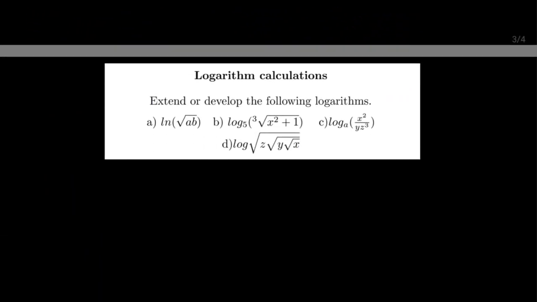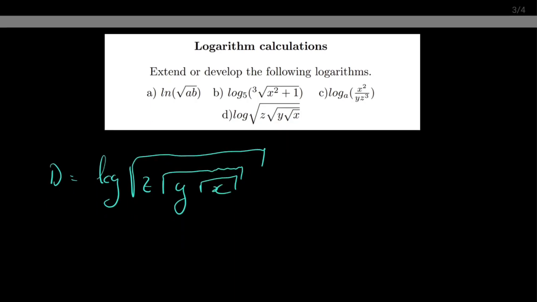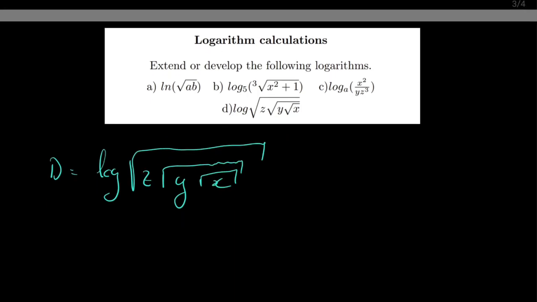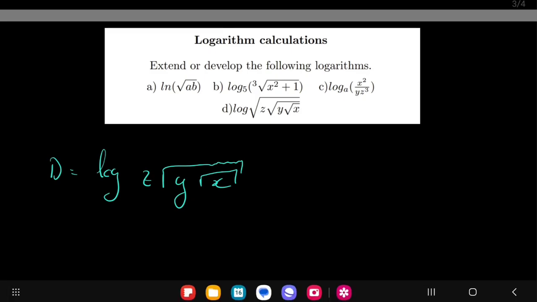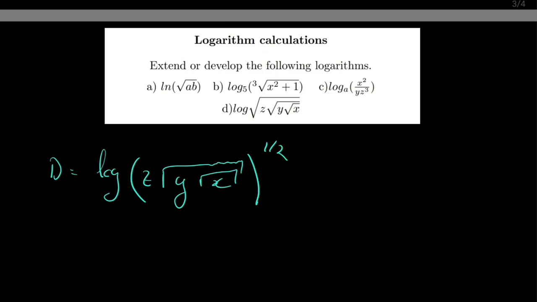Now last one, which is a little bit more complicated. We've got D is equal to log of square root of z times square root of y times square root of x. And we are going to do this step by step. The first square root is just a power 1/2.